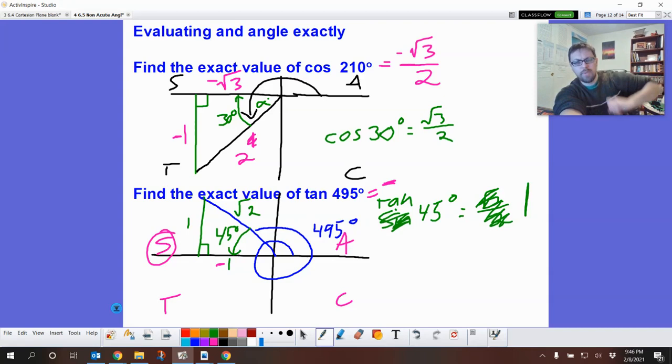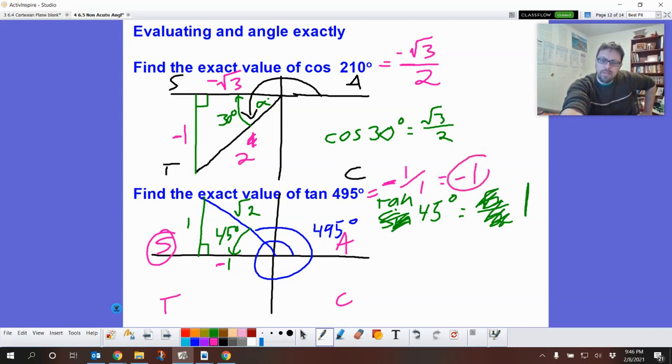The one going up is positive because up is positive when you graph stuff. And the hypotenuse is always positive. So tangent is just opposite over adjacent. So it's just negative 1 over 1, which is just negative 1. So again, based on that all students take calculus and what we know about 30, 45, and 60, we're able to figure out these things exactly.